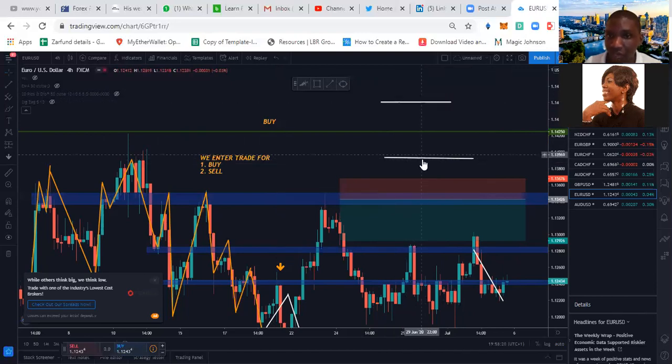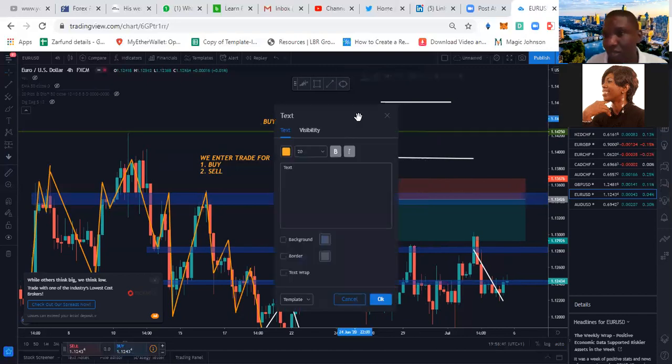For a buy, we have seen the entry price here, 1.14250. If you are asked to take 20 pips take profit and 20 pips stop loss, this is what you do.